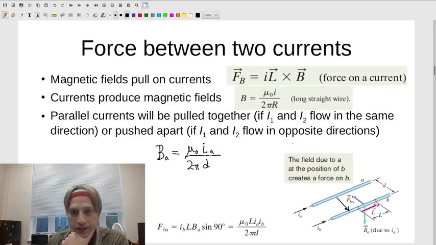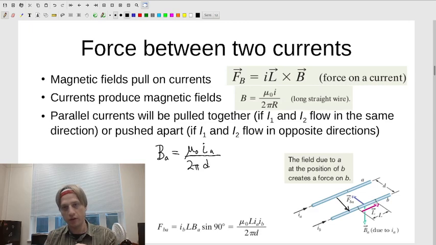Now, let's hold off on that for a second. That magnetic field is going to be pointing down, as in the picture. The current would be going as it's directed here, and that would cause these two parallel lines that are flowing in the same direction to be pulled together.